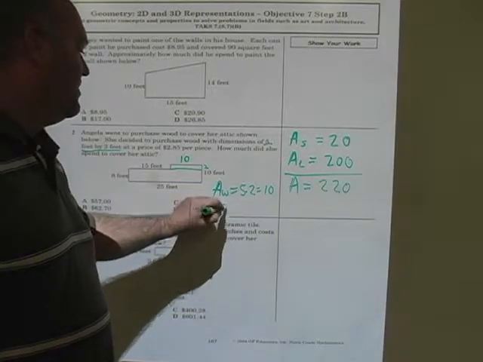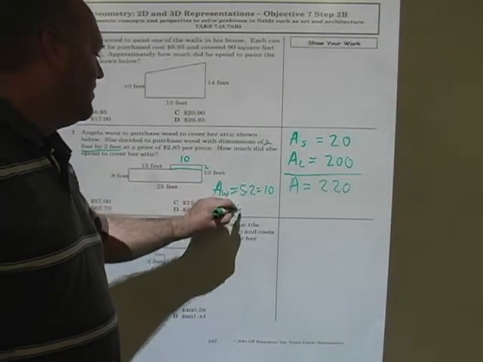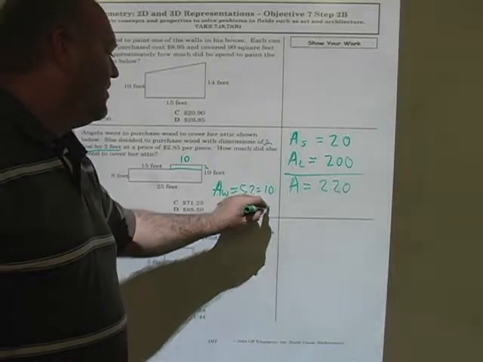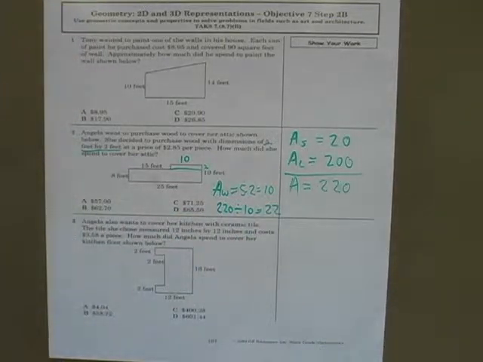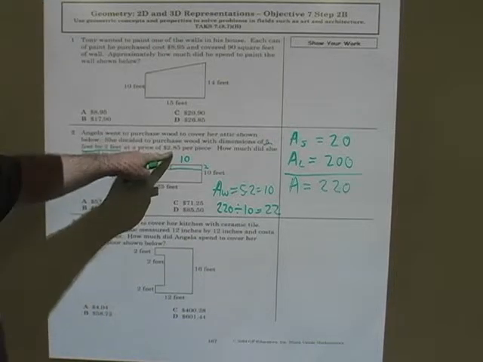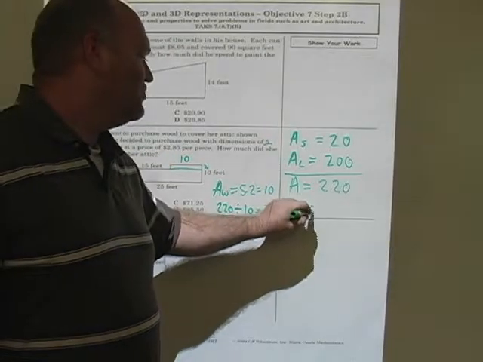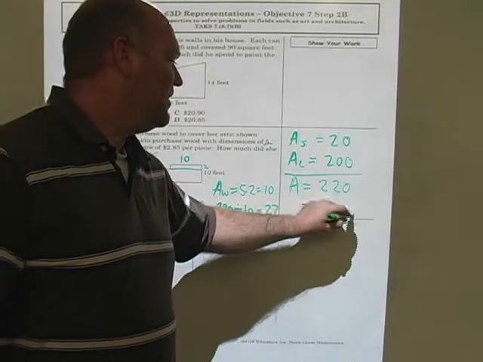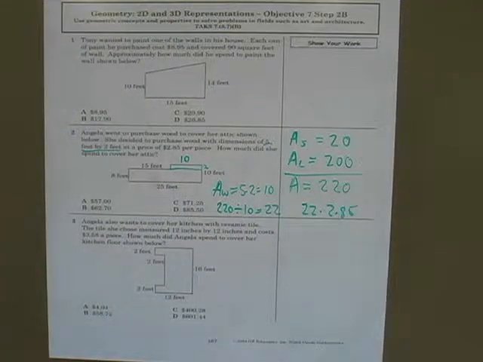And that gives us 22 pieces of wood. Each piece is 2.85. 22 times 2.85 gives us 62.70.